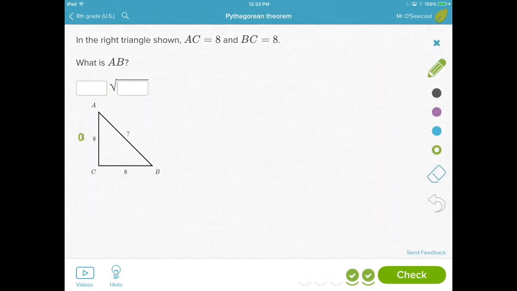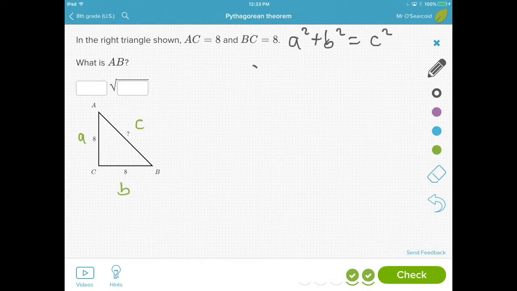On this problem, we've got a is 8 and b is 8, so we've got two that are exactly the same. Again, we're going to use a squared plus b squared equals c squared. This time we don't need to manipulate anything. We can just say that c is equal to the square root of a squared plus b squared. Right? Just taking the square root of both sides so that we can get rid of the square of c.